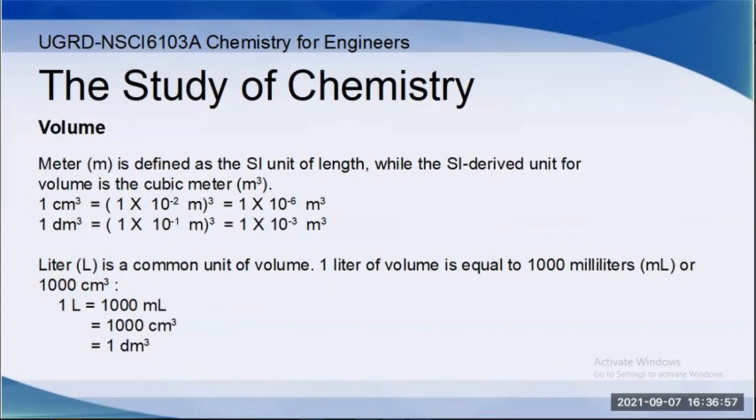Okay, it's a little bit of geometry in here. So length times width times height. Length is in meters, width is in meters, height is in meters. So meter times meter times meter, meter to the 3, or cubic meters. Thus, the SI derived unit for volume is cubic meters. Okay, just want to emphasize that part.